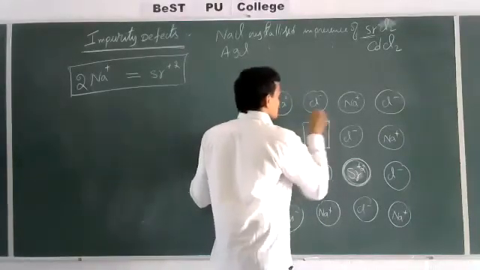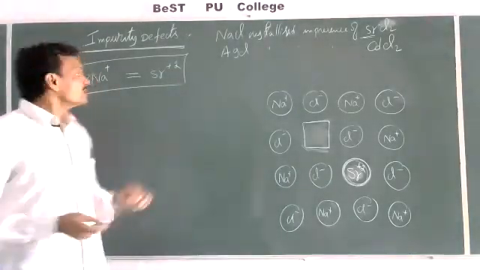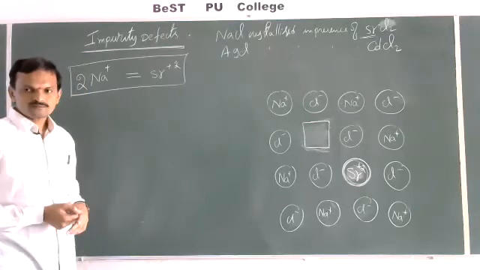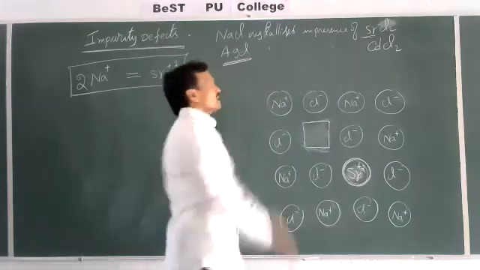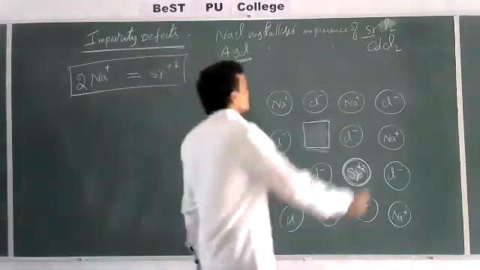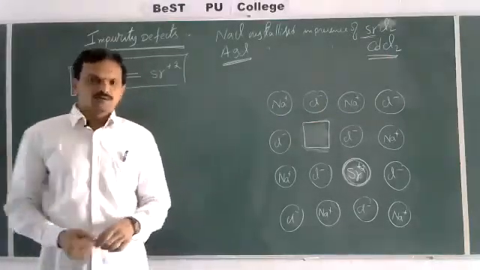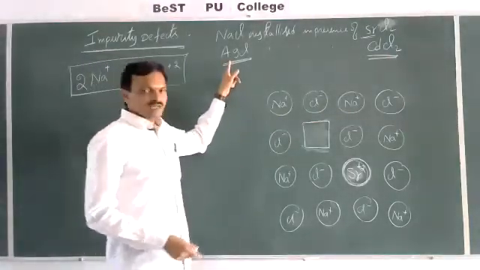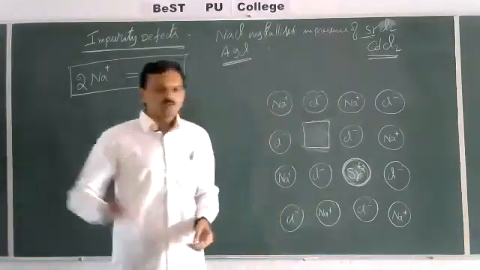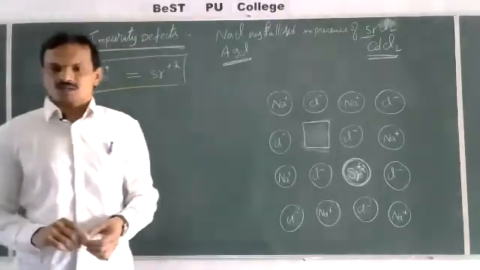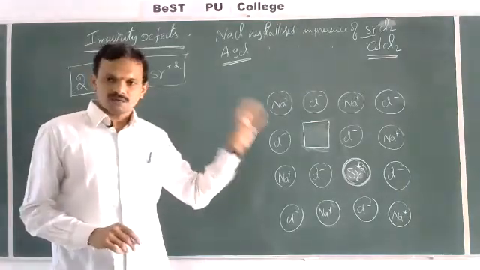Now, suppose AgCl is allowed to crystallize in the presence of cadmium chloride, then also two Ag plus ions are replaced by one cadmium ion, leaving one cationic vacancy. This type of defect is known as an impurity defect.